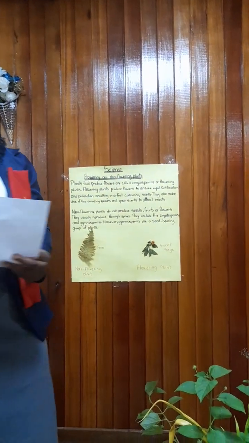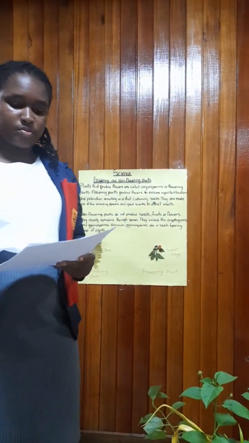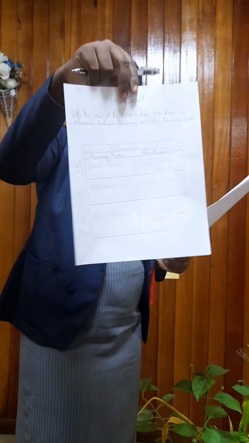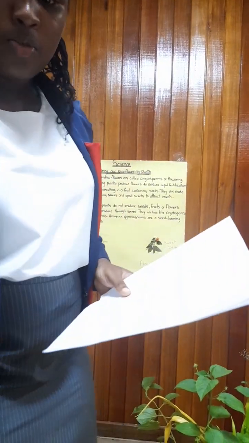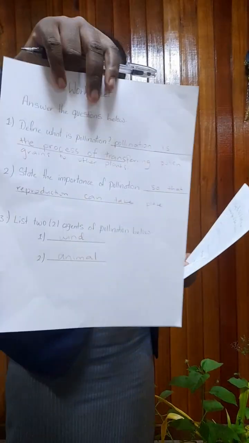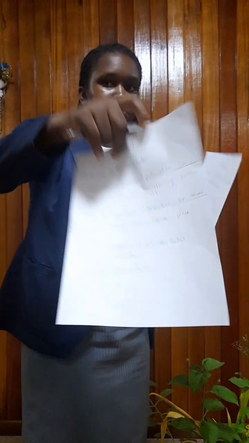Now, group 3. Group 3 had to answer questions on pollination. Now, what is pollination? They said pollination is the process of transferring pollen grains from one plant to another.